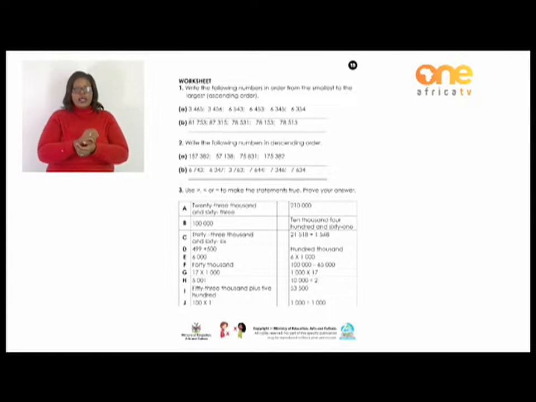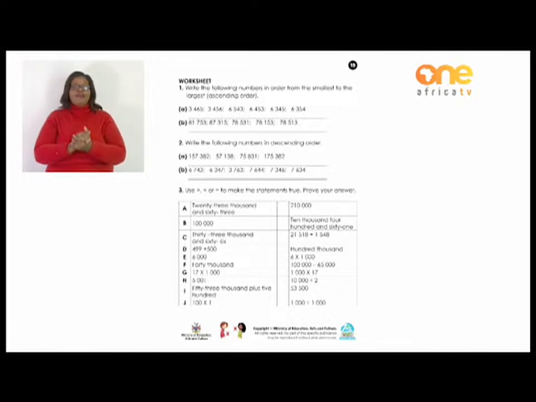You must write that in numeric so that you can compare that with 210,000. So the column in the middle there should be reserved for the sign that you are going to put. Remember, the crocodile must eat what is big.